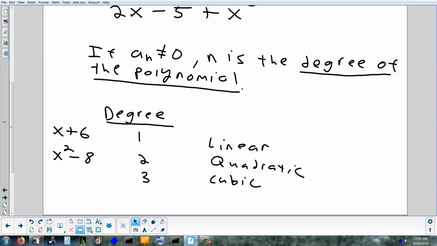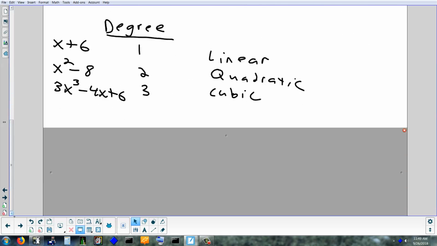If you graph it, it's a parabola. And then 3x cubed minus 4x plus 6, that's just an example of a cubic. And that degree, other than giving you a name, it tells you a lot of things about the graph. It tells you how many turns it can take. So we'll look at a couple things that it tells you right now.